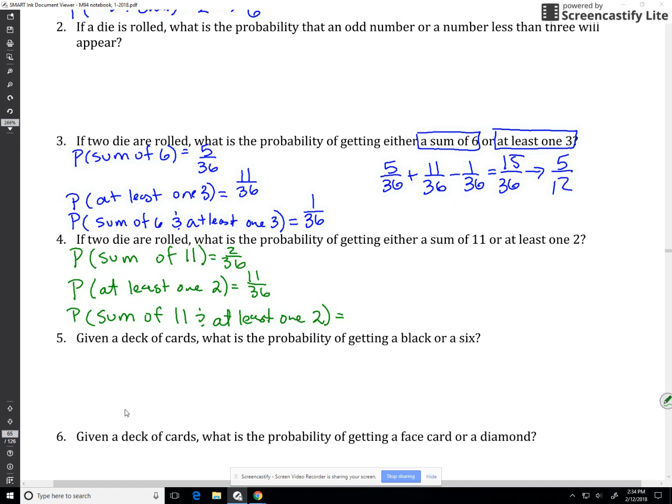So we would have a 0 out of 36 here. So if I go to add these up, I would do 2 out of 36 plus 11 out of 36. But to take away 0 is meaningless. It's not going to change the value. So really, we're just left with 13 out of 36 as our probability.